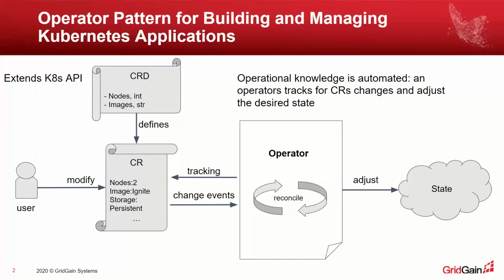This operator deployment is a regular Kubernetes deployment that will usually run a single pod, and this pod will contain all the domain-specific knowledge and knows how to react to changes in your custom resources. So, for example, when a user needs to adjust the current state of a cluster by providing a new value for nodes count, say instead of 2, the user might want to run 3 nodes.